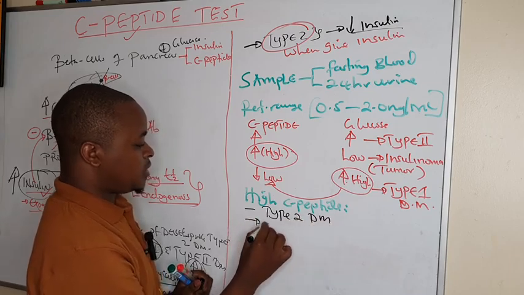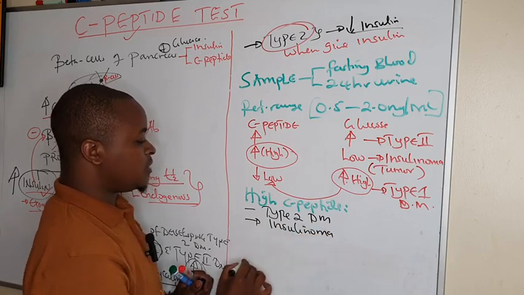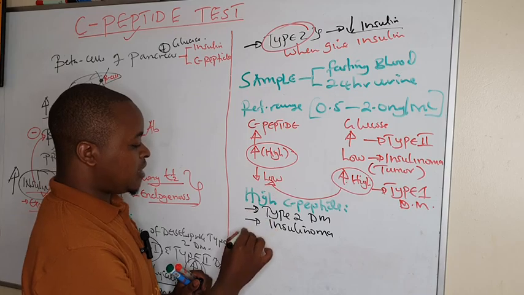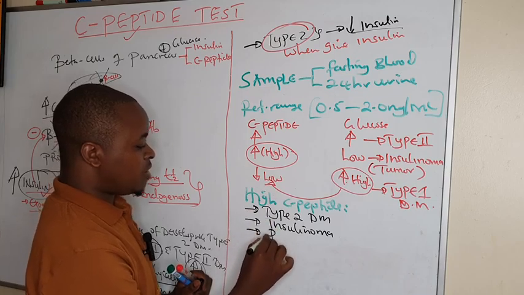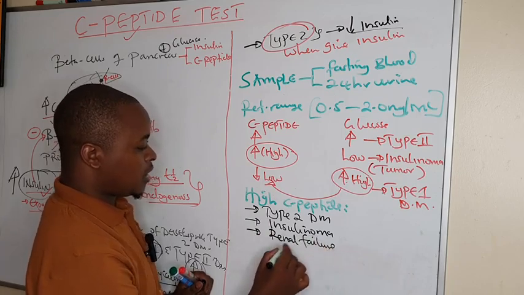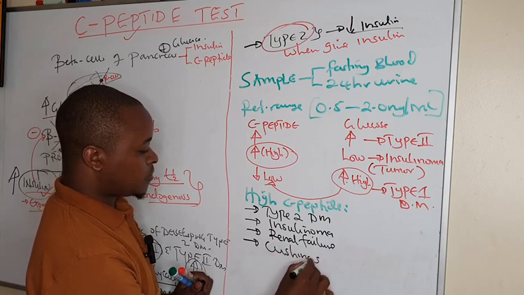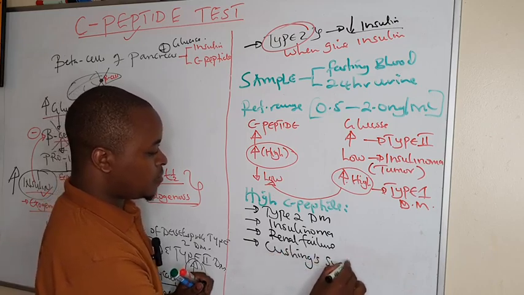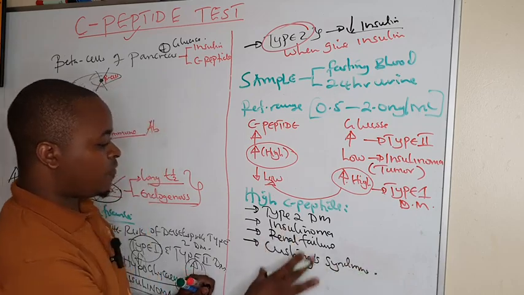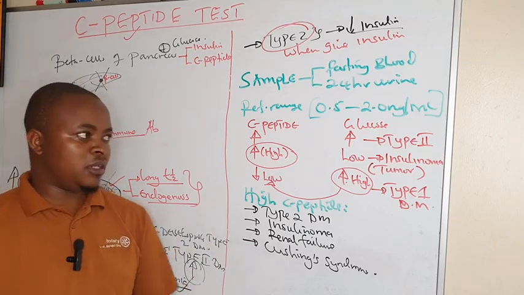We can see it in insulinomas, that is the tumor of the pancreas. We can see elevated levels of C-peptide in renal failure. We can also see it in Cushing's syndrome. So these are some of the conditions where C-peptide can be high.